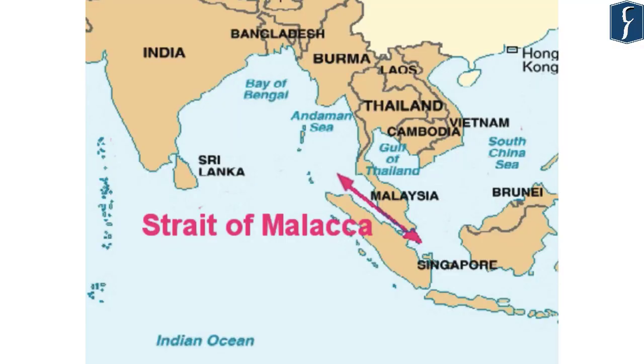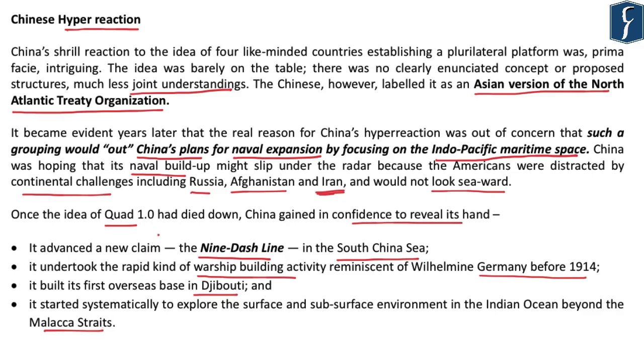China systematically started to explore the surface and subsurface environment in the Indian Ocean beyond the Malacca Strait. It was exactly these kinds of activities that China wanted to do without attracting the attention of the great powers. And that is why it wanted to stall the formation of the Quad grouping at any cost.